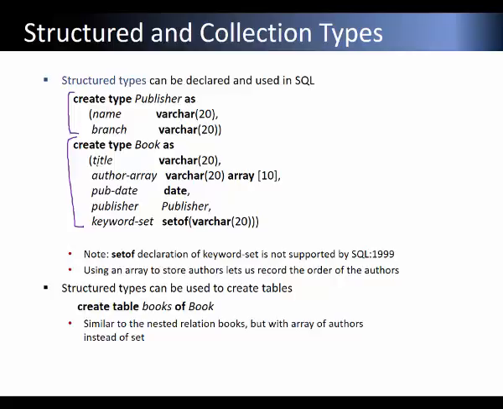And book: title, author array, publication date, publisher, and keyword list. In one case we use array and in another a set, but let's keep it simple in this class. If you want to use the full features of Oracle, then you can use this, but I'm not going to cover it here. You can learn it from a database course.